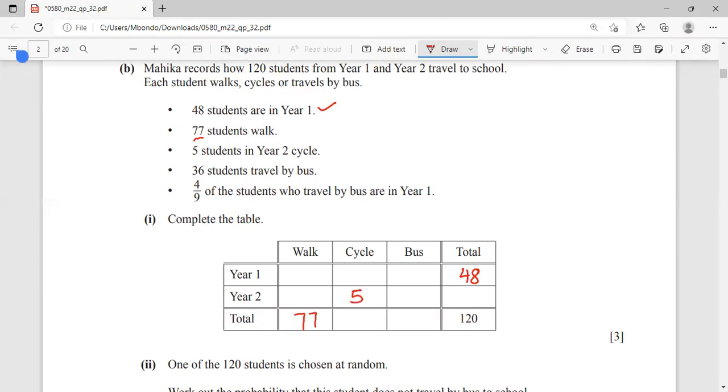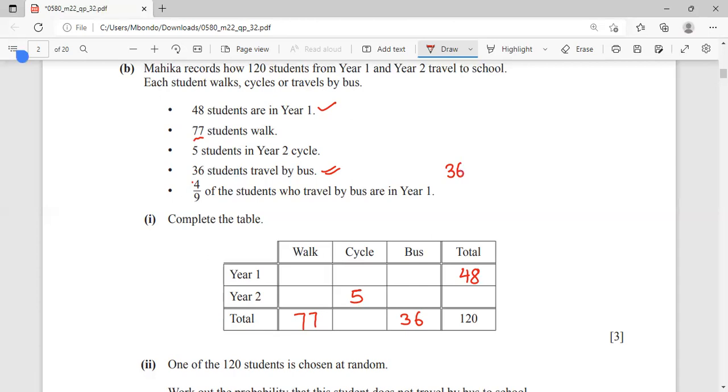Then 36 students travel by bus. So the total number of students that travel by bus is 36. So we write 36 here. Then the last one is 4/9 of the students who travel by bus are in year 1. Students that travel by bus are 36.